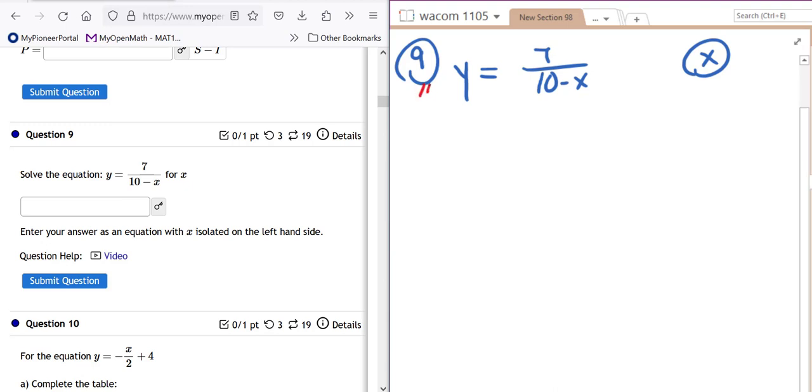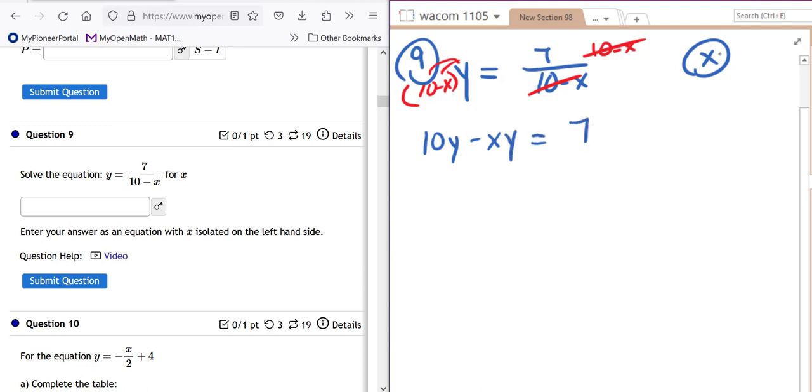All right, so 10 minus x, you need parentheses there because it's the whole thing. It's more than one piece. Now we have 10 minus x times y. We want to get x and it's inside, so we will have to distribute. So we have 10y minus xy equals 7.